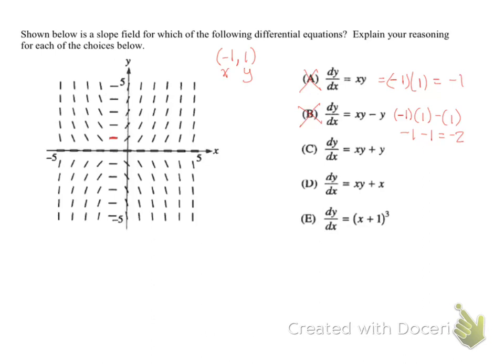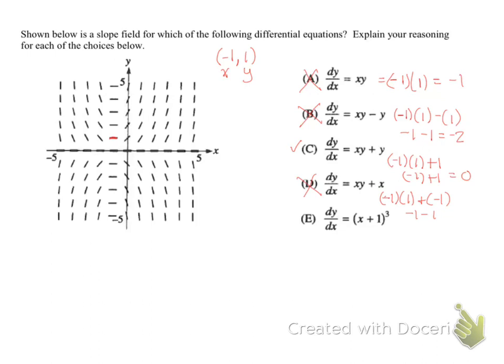Okay, look at C. We have negative 1 times 1 plus 1. So that's negative 1 plus 1, which is 0. So that's a possibility. Okay. If we look at D, we would have negative 1 times 1 plus negative 1. So it's negative 1 minus 1. Again, that one doesn't work.